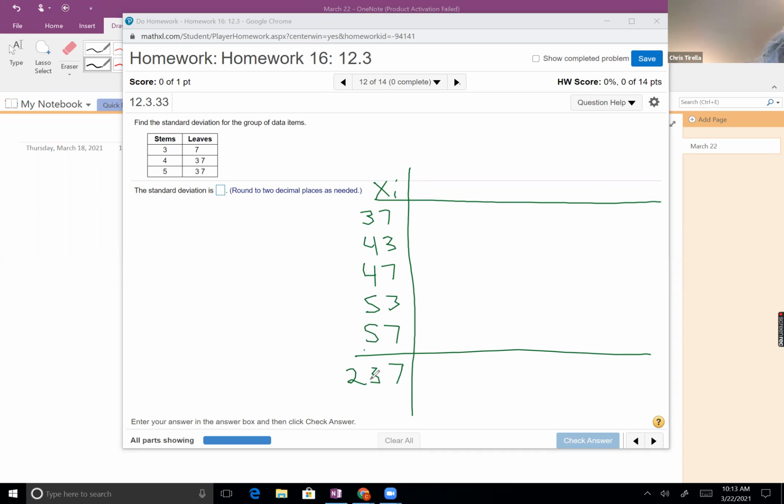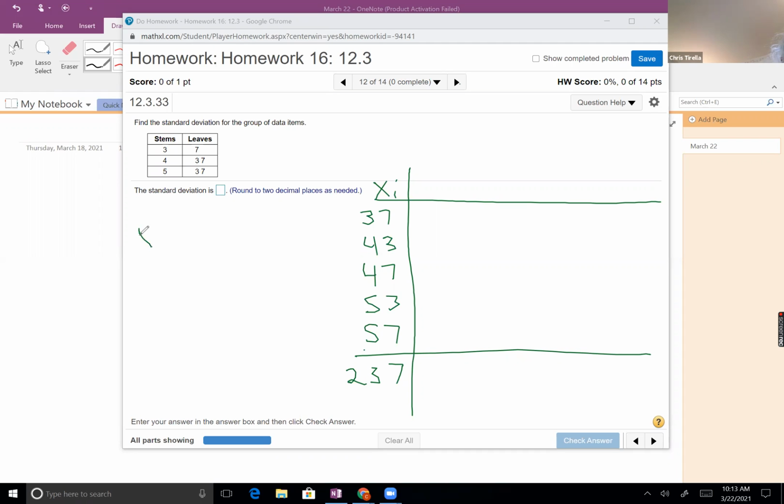So 37 plus 43 plus 47 plus 53 plus 57 is 237.